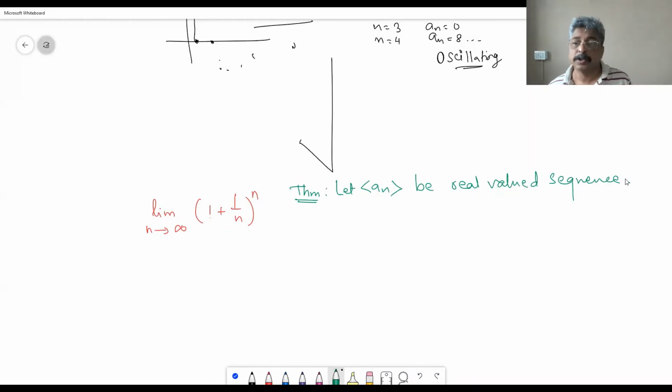Let us do a theorem. Let an be a real valued sequence.